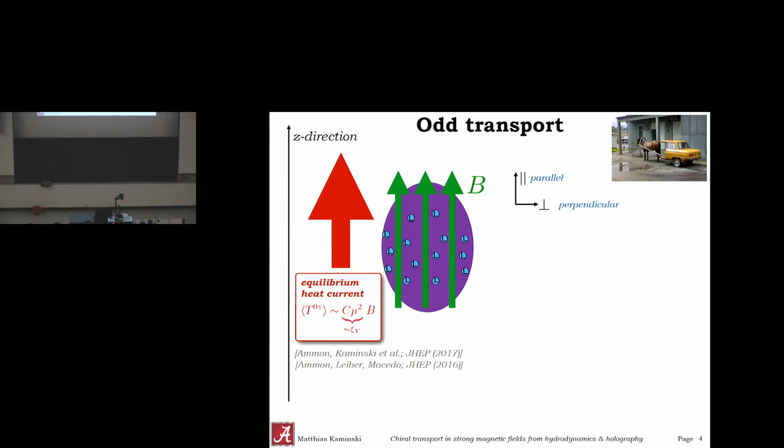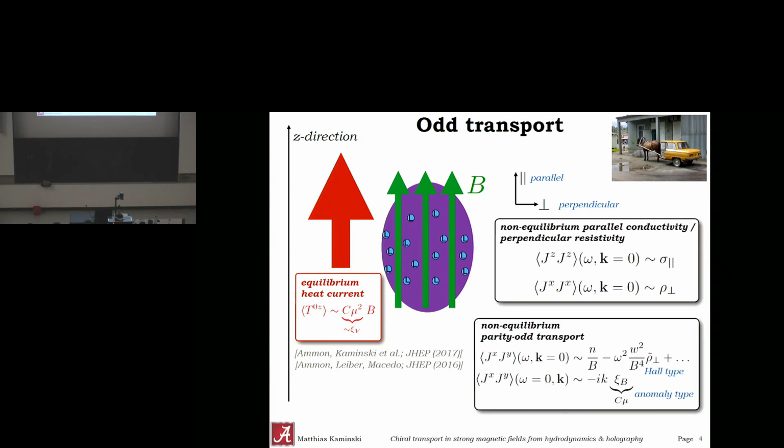And I already started giving you a little coordinate system here. If you have a strong magnetic field, then you can classify transport along the magnetic field and distinguish it from transport perpendicular to the magnetic field. So for example, let's look at this correlation function, J_z.